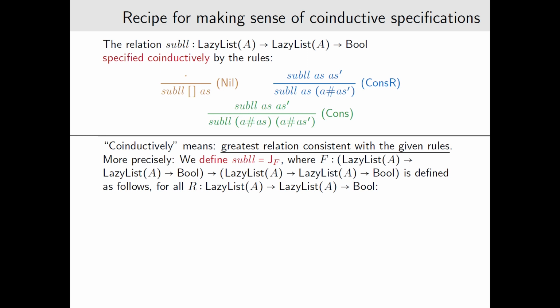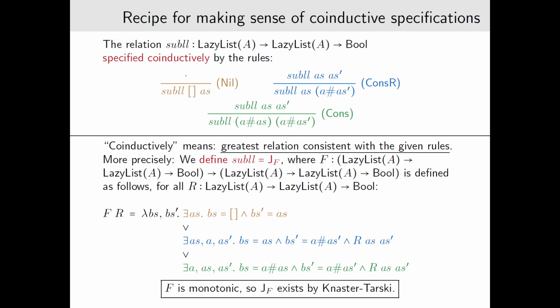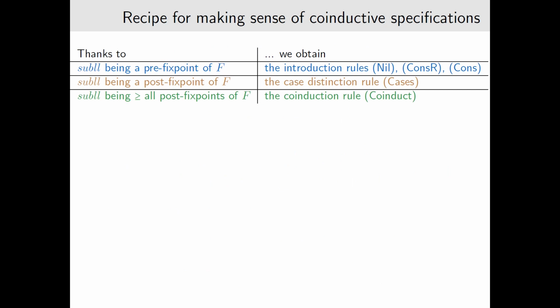In other words, we have the greatest fixed point for an operator that is defined by taking the case expression, essentially, by applying the rules backwards. And again, for the same reason as before, the operator has not changed. F is monotonic, so the largest fixed point exists because of Knaster-Tarski.